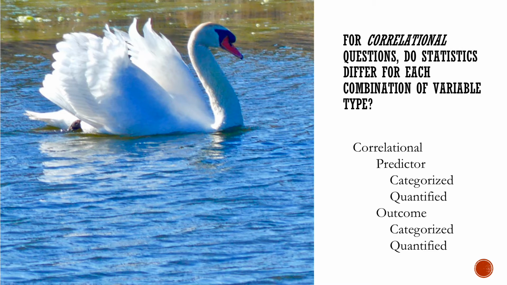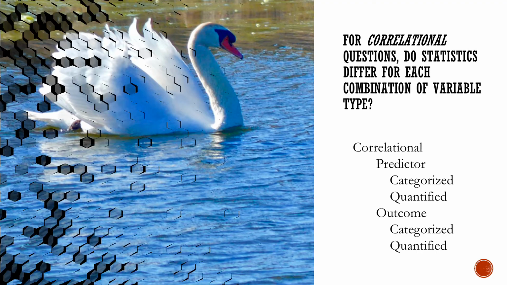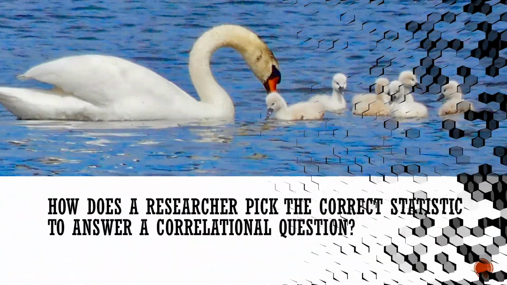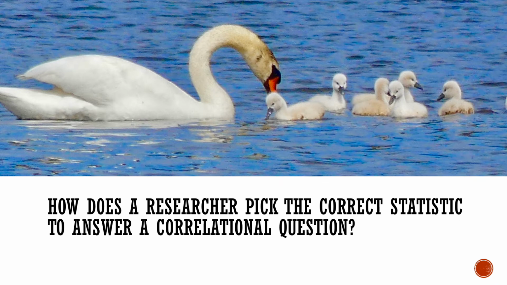So in the slide ahead, we're going to go through the options for correlations between each type of variable pair. How does a researcher pick the correct statistic to answer a correlational question? You're going to use the right angle a la carte or RALA table. And you're going to find out what the RALA table is in just a minute.